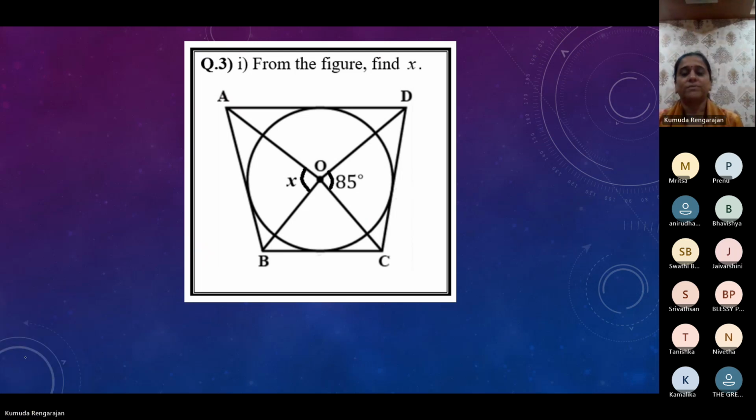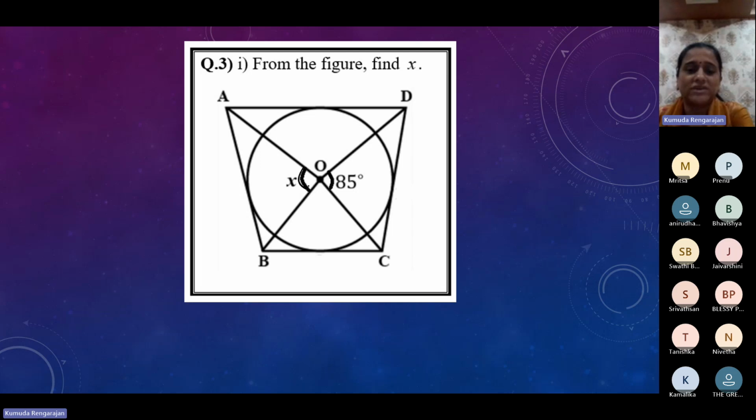So this property also we just learned. The last question, second exercise: prove that when a quadrilateral circumscribes a circle, the opposite sides subtend or make supplementary angles at the center.